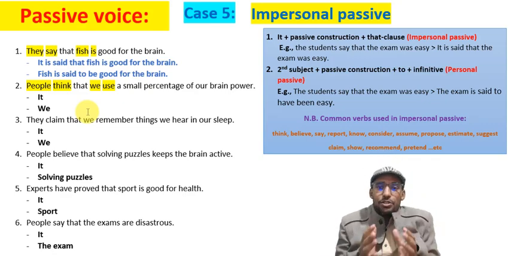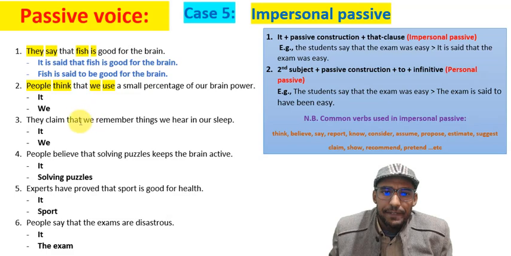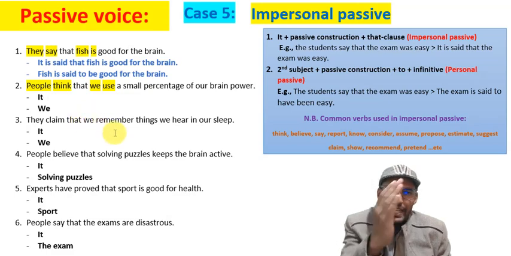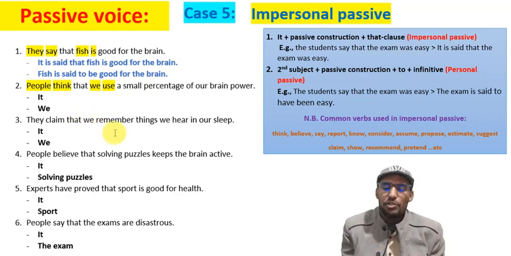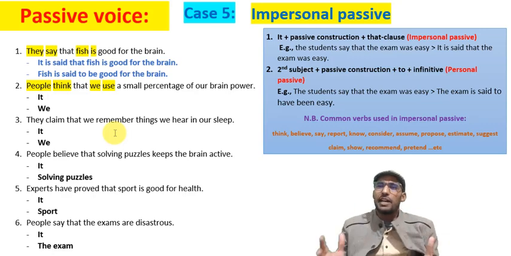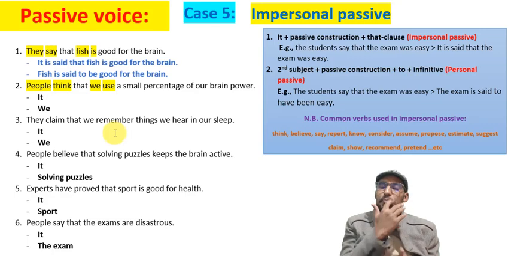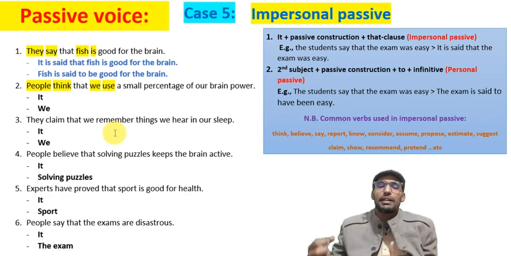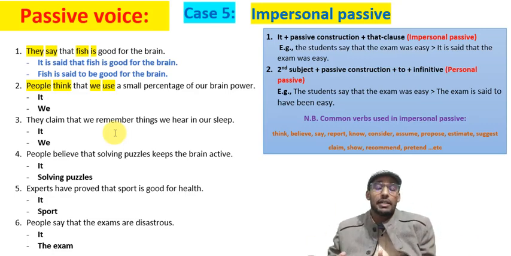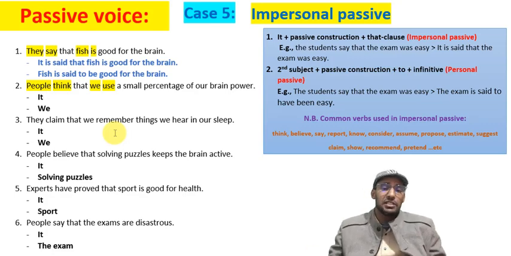If we want to follow the first suggestion, we say, as usual, think. Most of the time, the reporting verbs in the impersonal passive come in the present simple, but not necessarily, of course. You may have any other tense, it doesn't matter.